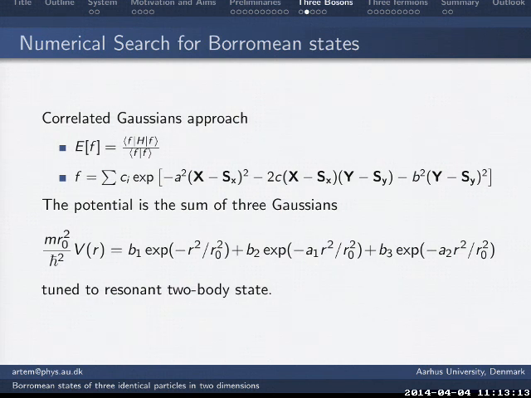Then we can tune B1, B2, B3, and A1 and A2 to make many different shapes of potentials, to see which potentials can provide a Borromean state, what properties this Borromean state has, and to learn something from this numerical search.